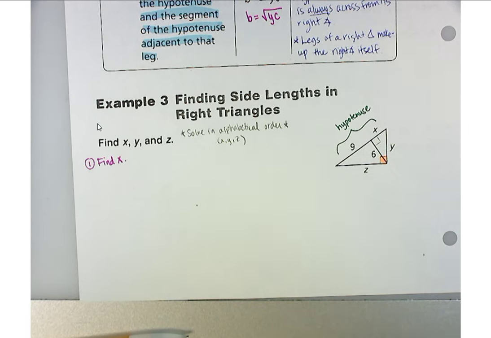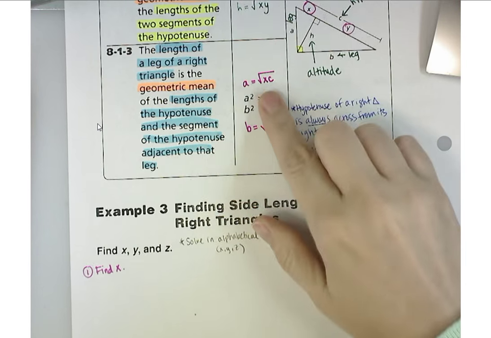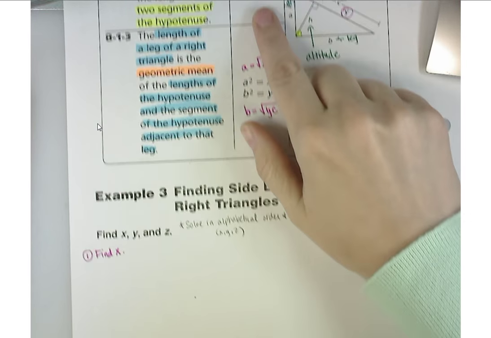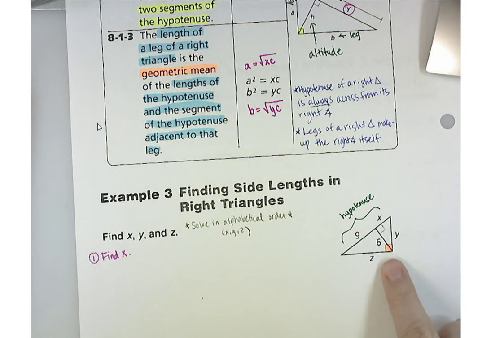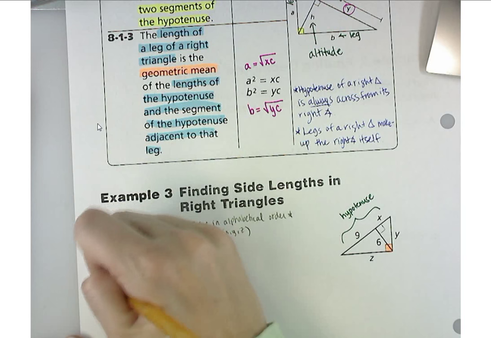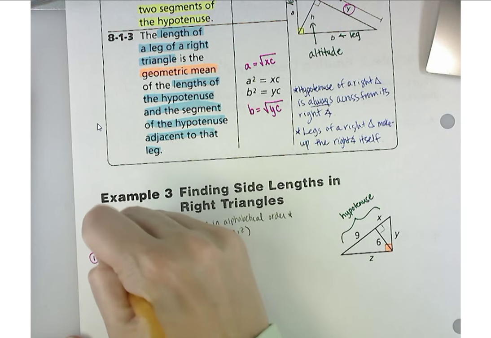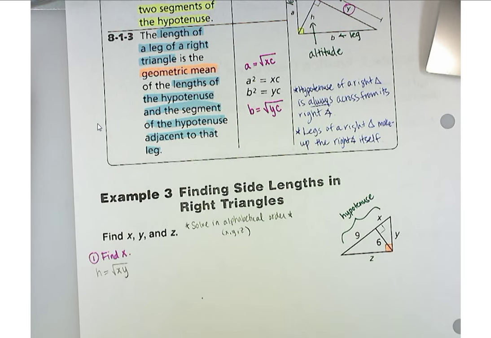I know what my altitude is, which is really helpful. Because my altitude, if I use up above that h equals the square root of x times y, I can set up something similar. So above, if I use h equals the square root of x times y, remember that the h was your altitude.